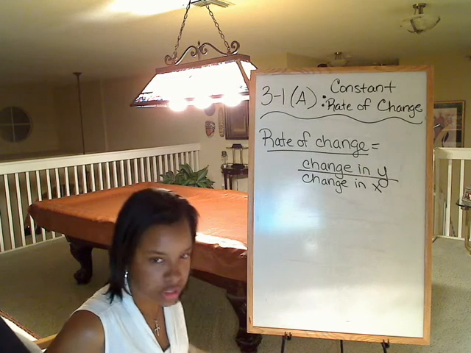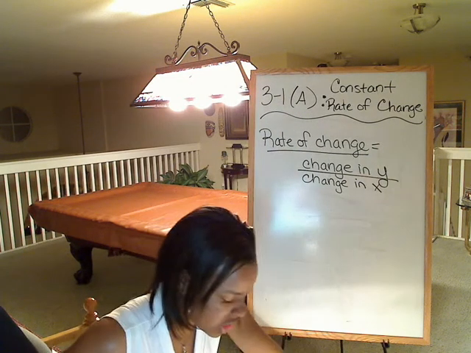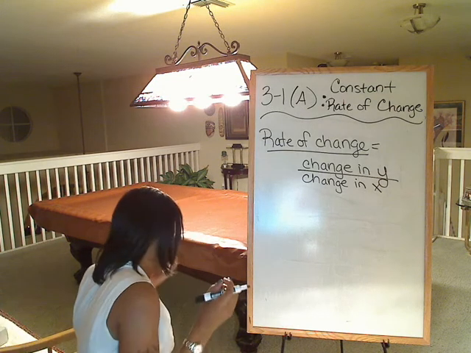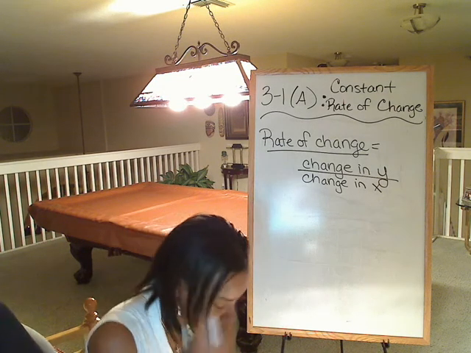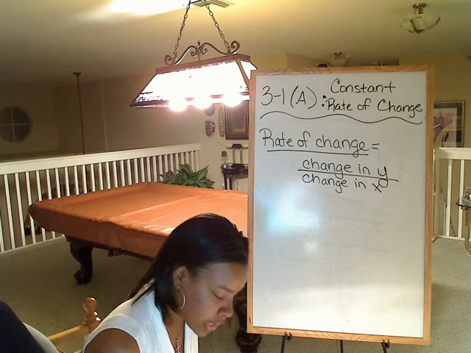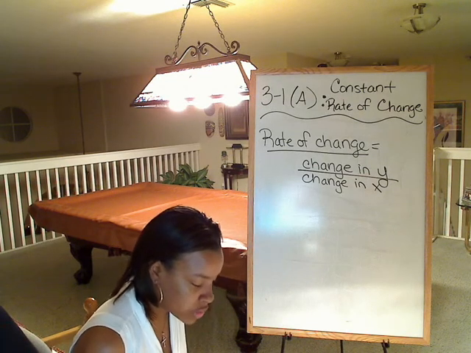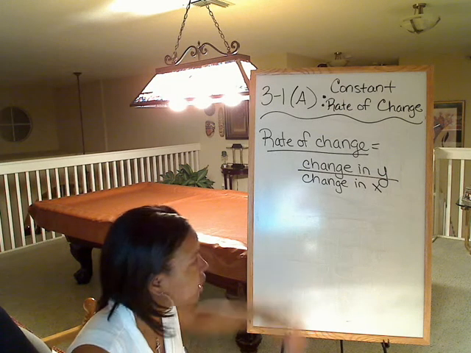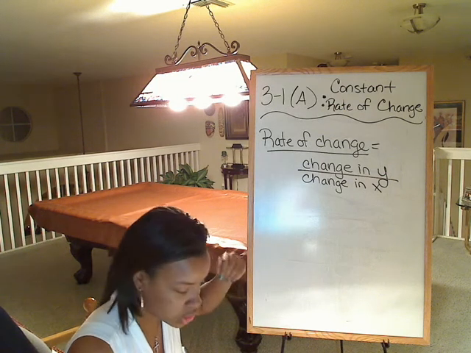The rate of change is the change in y over the change in x. If they ask you to find the rate of change for the line, we need a couple points, because that's the only way we're going to see the change in y's versus the change in x.